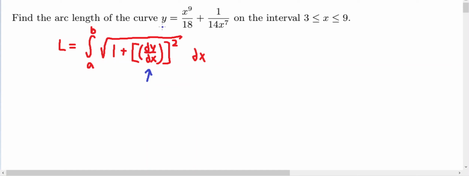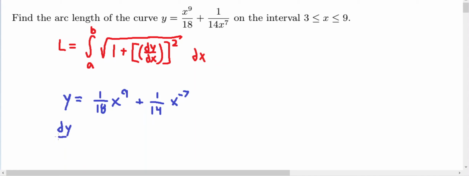So let's do that. So we've got y is equal to 1 over 18, x to the 9, plus 1 over 14. I'm going to rewrite x to the 7th in the denominator as x to the minus 7 in the numerator. So what we need to do is find dy dx.